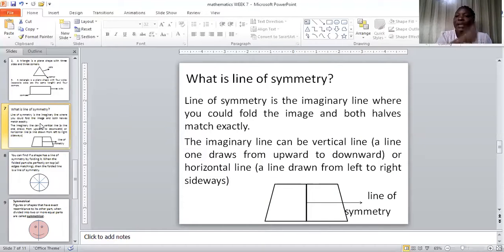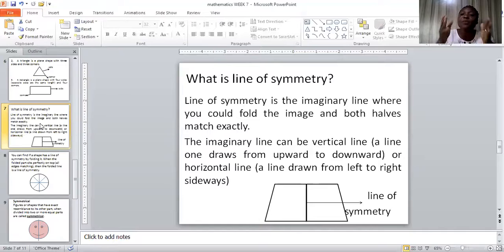So the imaginary line can be a vertical or horizontal line.